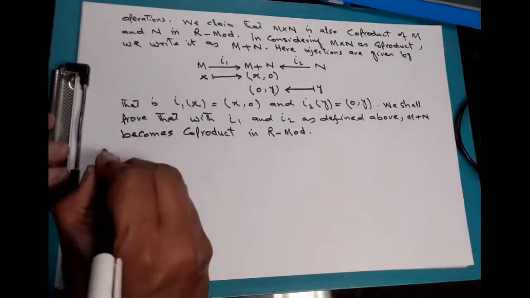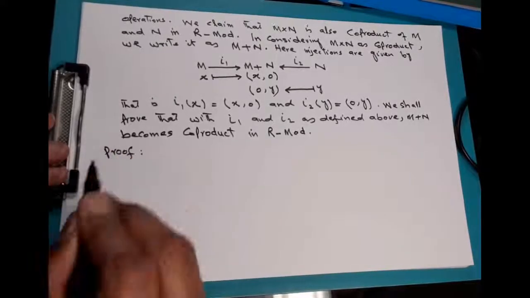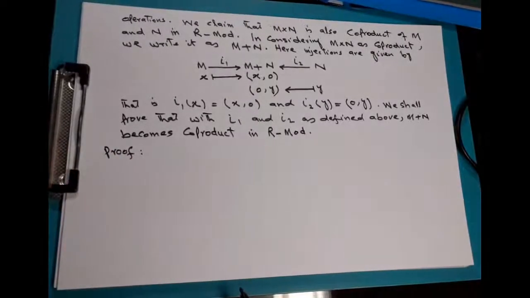So let's see how the proof works. In order to prove that M plus N is a co-product, we will consider a diagram in the category of left R-modules. I will just write it.